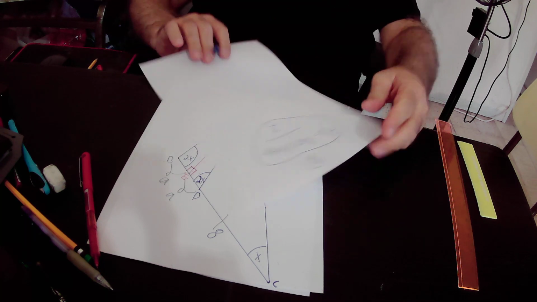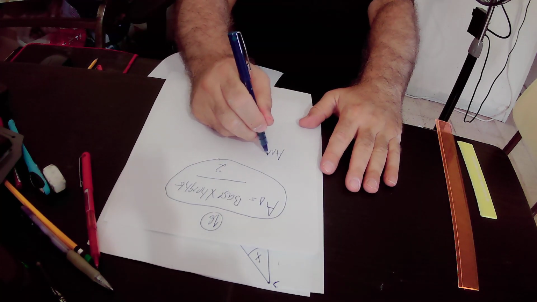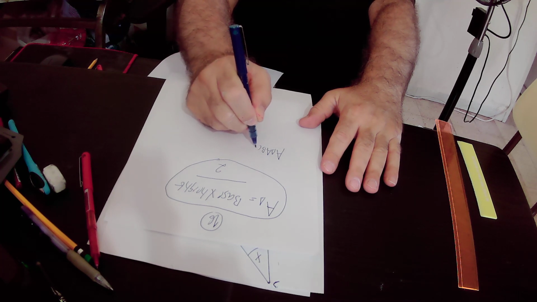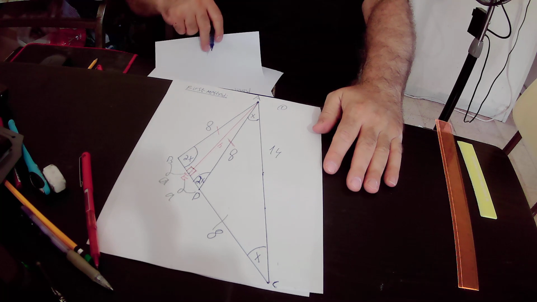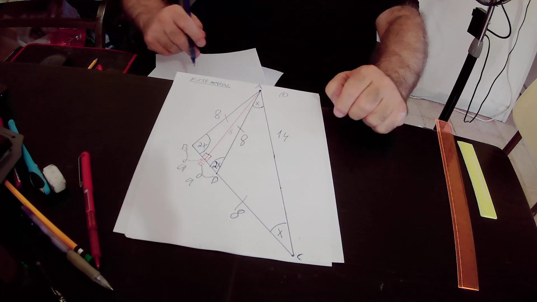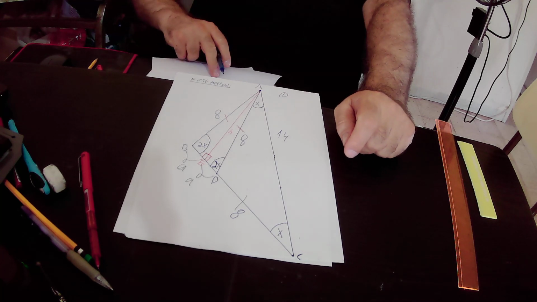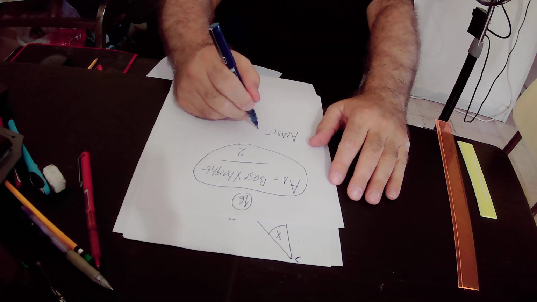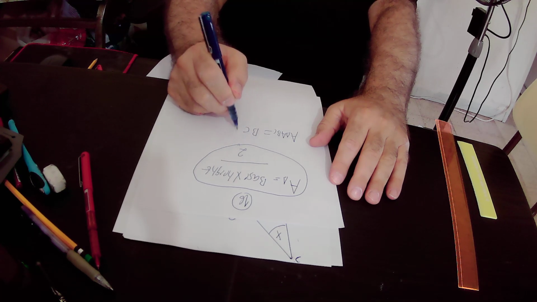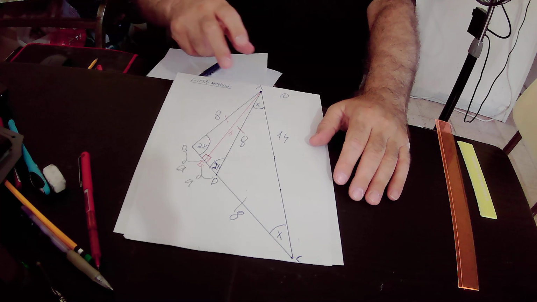And the area of triangle ABC will be equal to the base of the triangle. What is the base of triangle ABC? The base is BC. And what is the height? The height must create 90 degrees with the base.